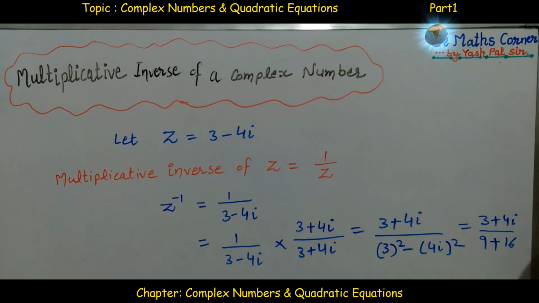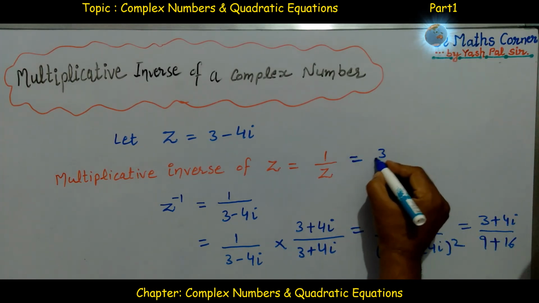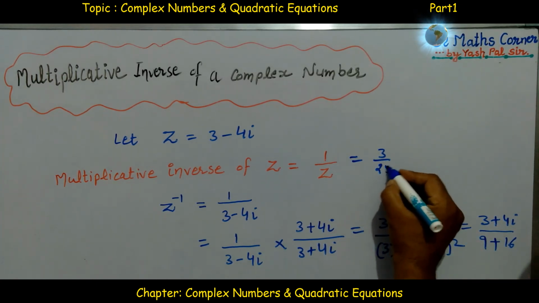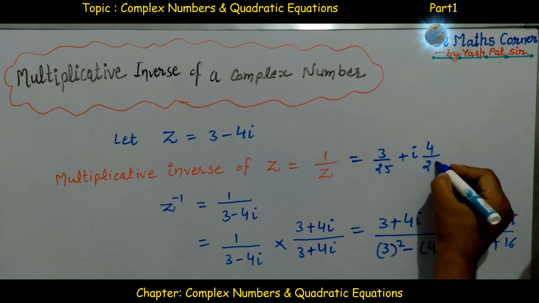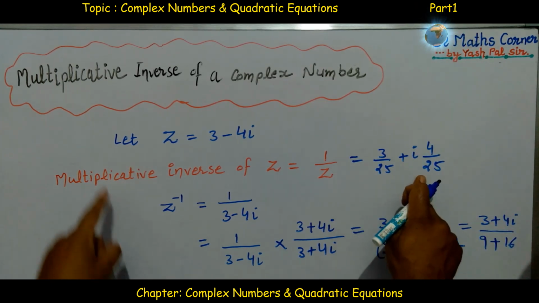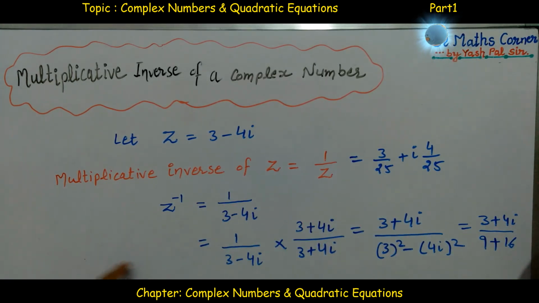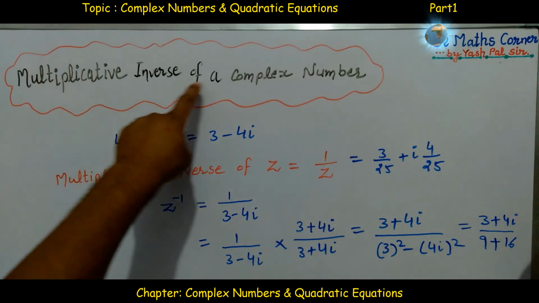So finally, this is equal to 3 upon 16 plus 9, this is 25, plus iota into 4 upon 25. This is the multiplicative inverse of the given complex number. This is the way how we can find the multiplicative inverse of any complex number.